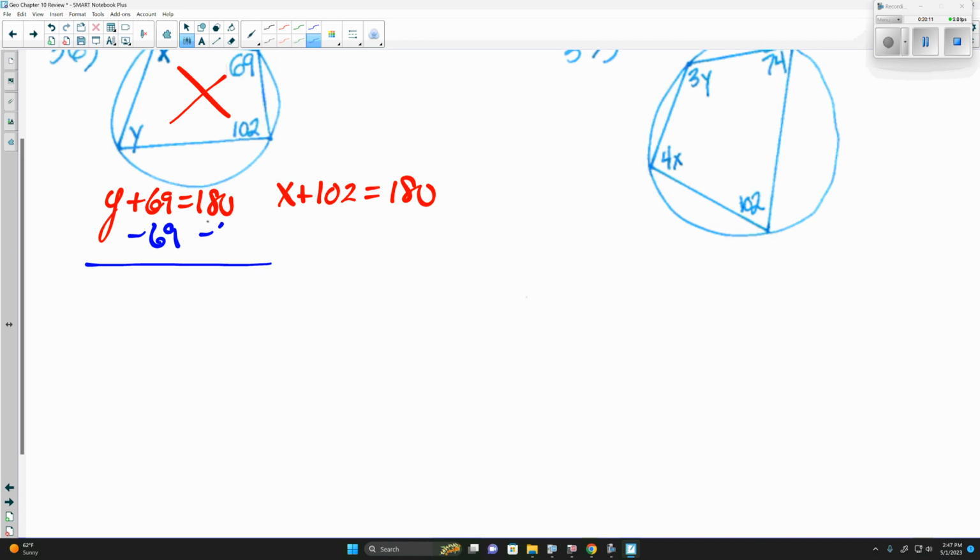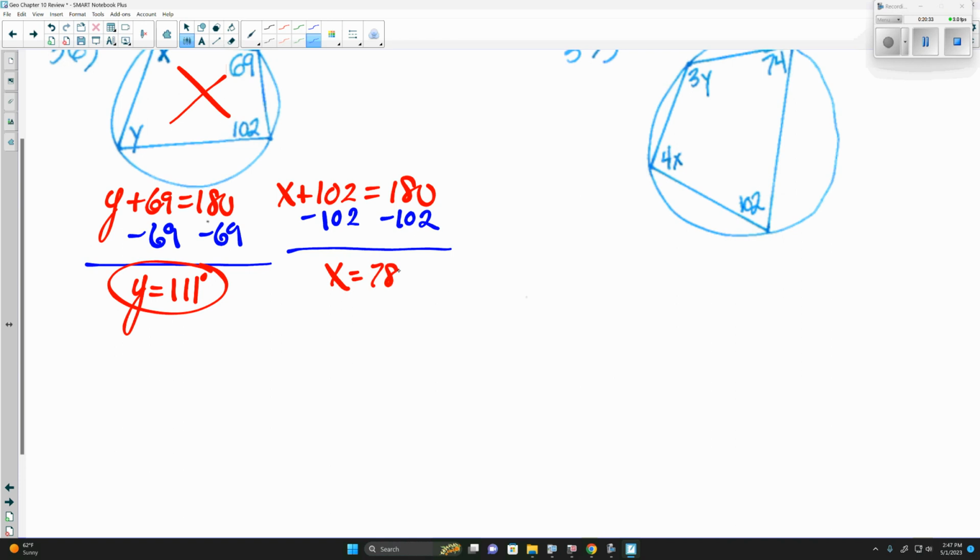For y, we would subtract 69 from both sides, telling us y is equal to 111. And for x, we would subtract 102. So x is equal to 78. Any questions on either one of these here?